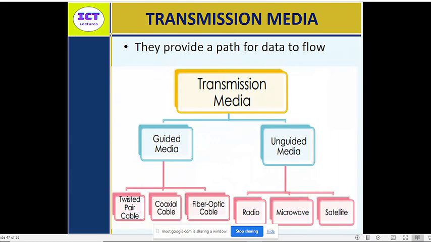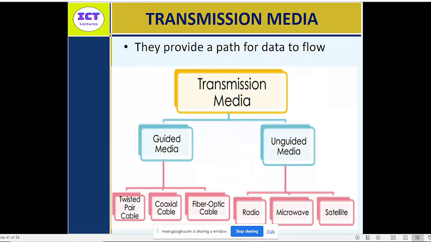Then we can also look at the transmission media, right? Now we need to understand how we can transfer data from one point to the other. We have the guided media, and of course you have also the unguided media. Guided media simply means using cables, right? And we are going to look at the different types of cables, such as twisted pair cable. I know you guys are familiar with these. A coaxial cable.